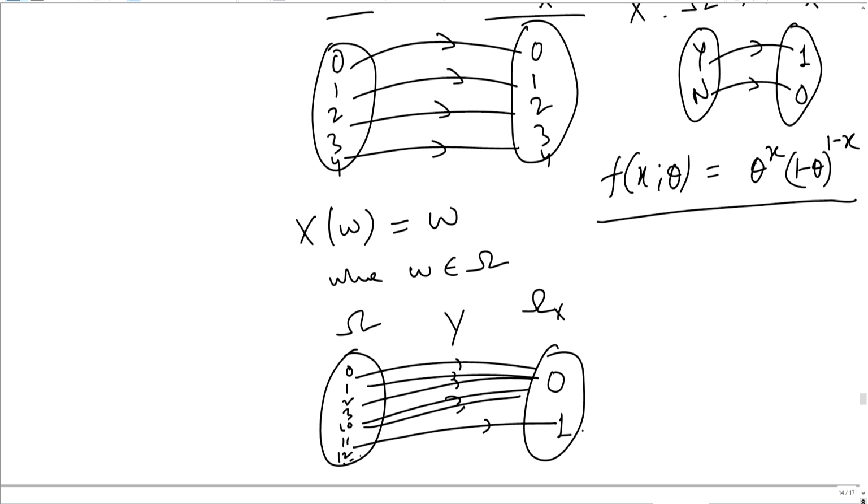So what does 0 indicate? Low accident rate, and 1 indicates high accident rate or high accident number. So 1 is for when the number of accidents is greater than 10, 0 when the number of accidents is less than 10. This could be useful for a particular theory, right.